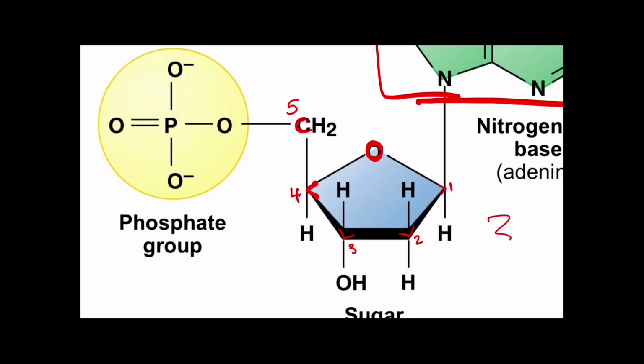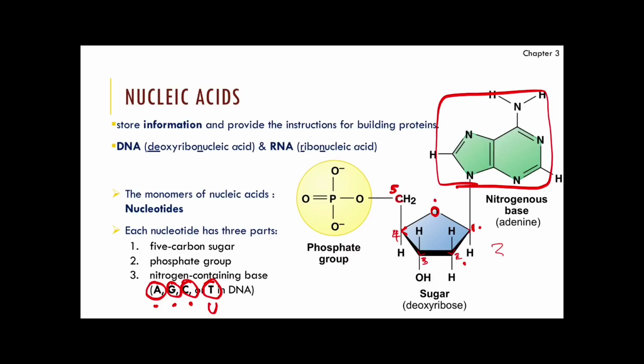But some students, they count it. They say 1, 2, 3. No, this is wrong. وليش أنا قاعدة أرقم الكاربونز؟ عشان أقولكم إنه the nitrogenous base is attached to carbon number 1 in the sugar. طيب، فيرتبط في الكربون رقم 1 هذا القاعدة النيتروجينية. The phosphate group is attached to carbon number 5 in this deoxyribose sugar.